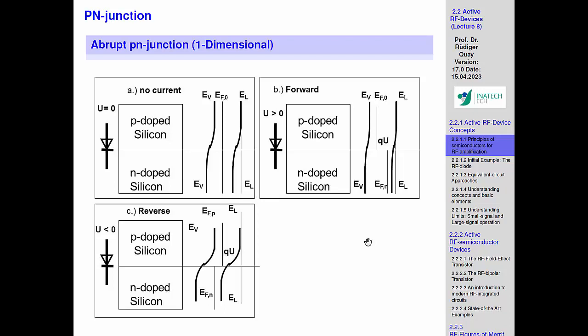The importance of this is that, first of all, what happens? The PN junction is a relatively complex matter also, but let's first review what is happening. The first thing again is that the Fermi levels in both semiconductors meet. There's no voltage, and there will be a bending of the valence band and the conduction band.